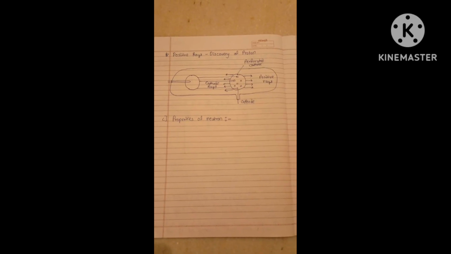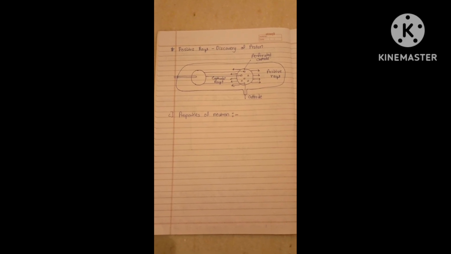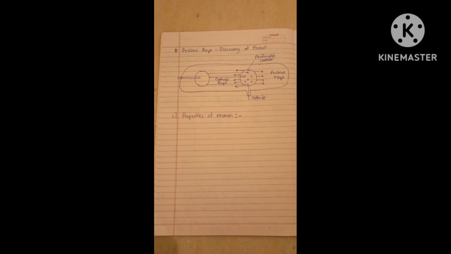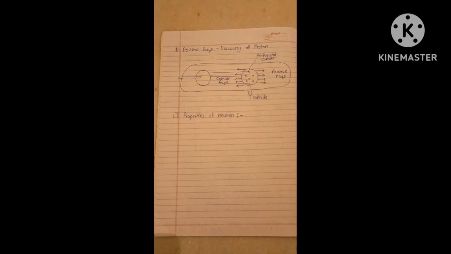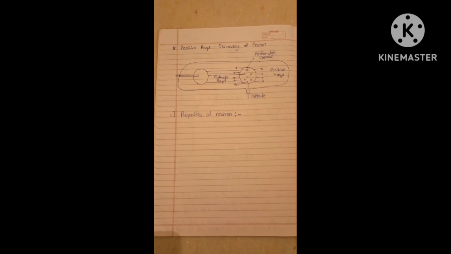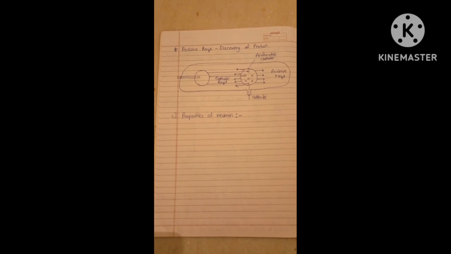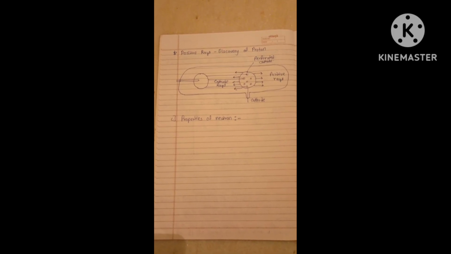Now we will start with properties of neutrons. This was discovered 20 years after the structure of the atom was elucidated by Rutherford. It has been found that for all atoms except hydrogen, atomic mass is more than atomic number. Thus, Rutherford in 1920 suggested that in an atom there must be present at least a third type of fundamental particle.